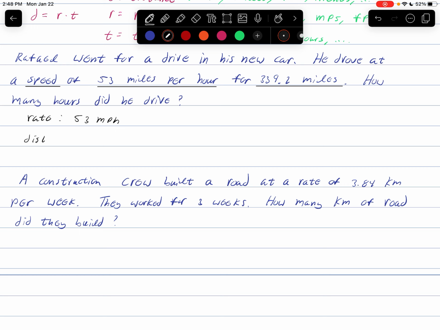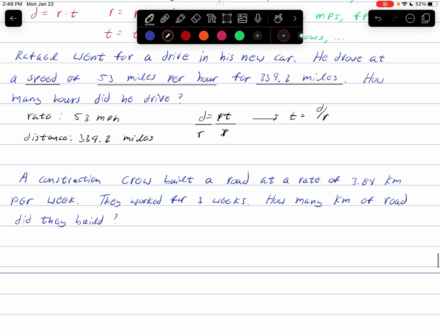So our distance is 339.2 miles. Let's take a look at our formula. D equals RT. So we have distance and we have rate and we need to find T. So let's go ahead and solve this for T. Here we can divide both sides by R. That's going to cancel the R's here, and that's going to give us that T is equal to D over R.